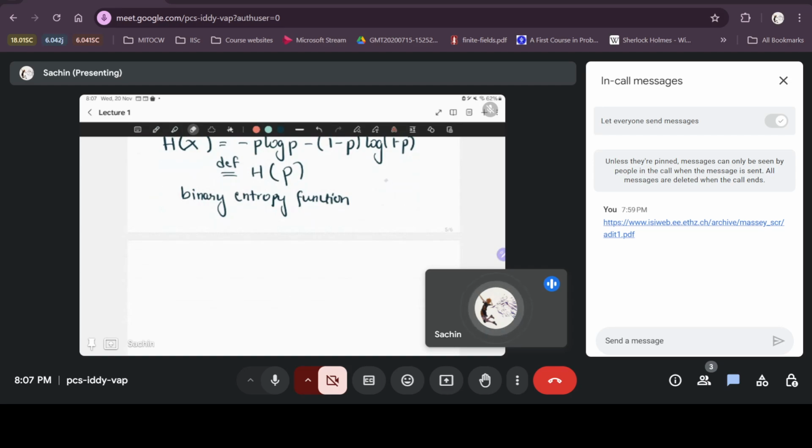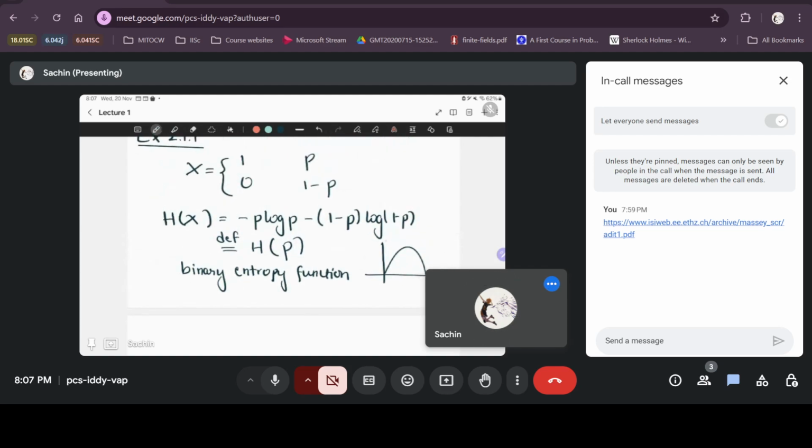And the graph of this H of p will look something like this, where here it's the p value, and here the H of p value. So it takes the maximum when probability is half.